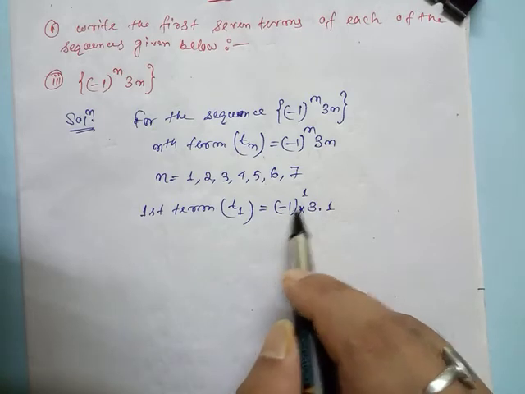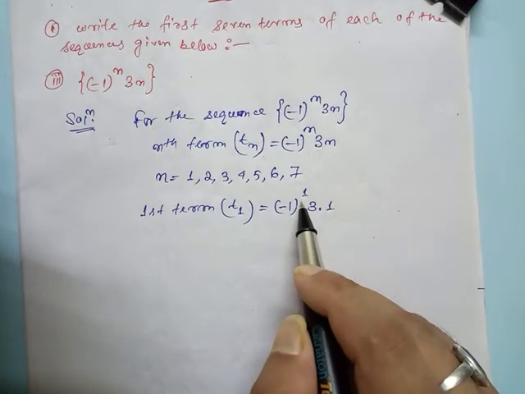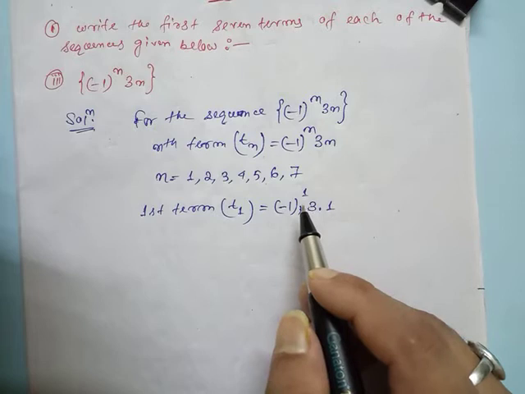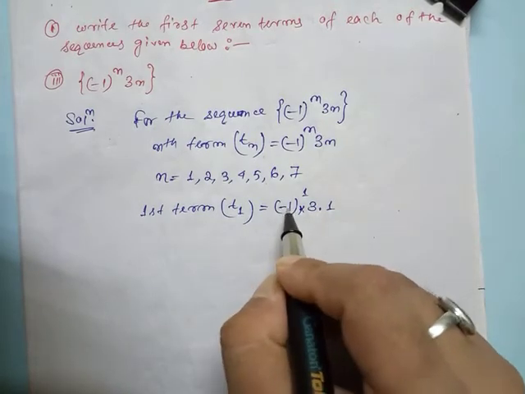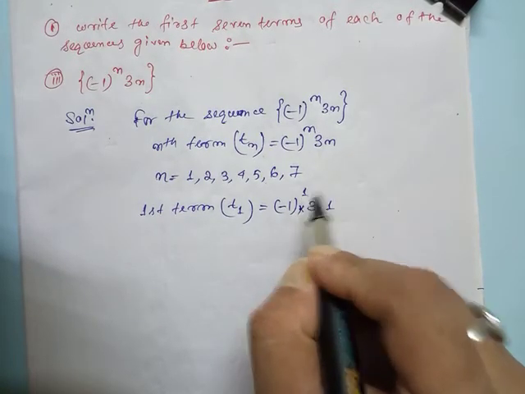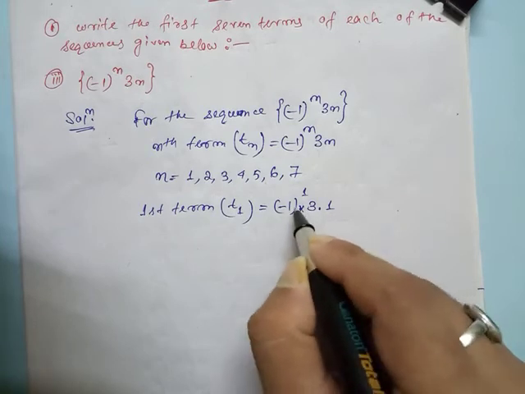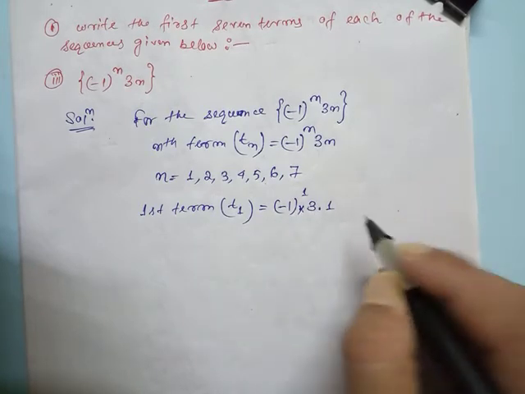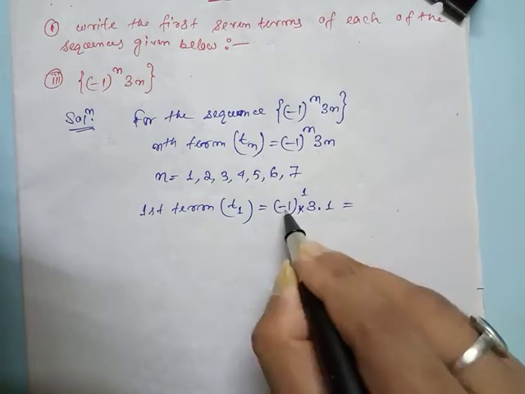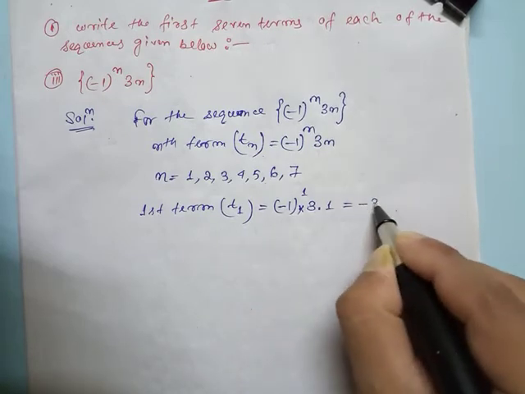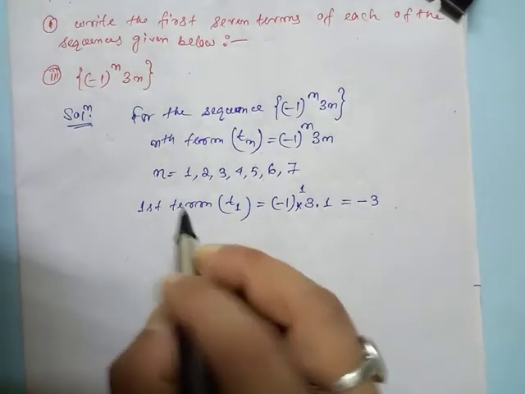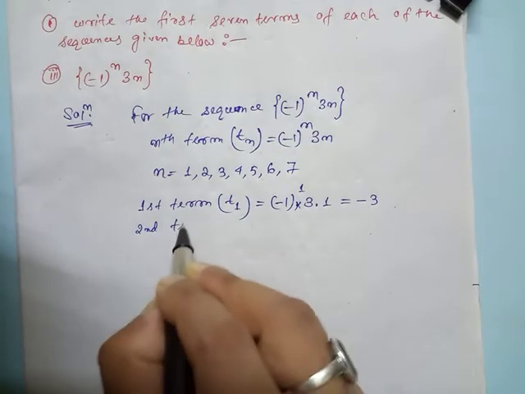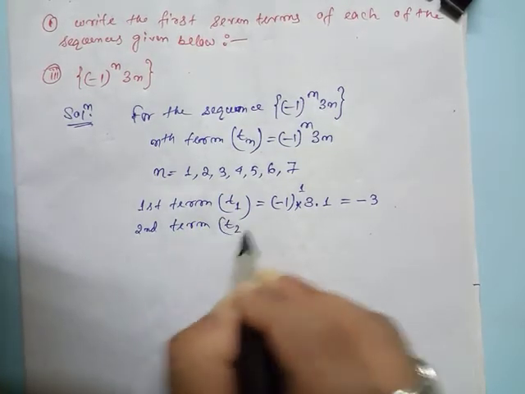Now minus 1 to the power 1 is an odd number. Already I told you in the first question that minus 1 having an odd number in power will remain minus 1. Then here it would be minus 1, and 3 into 1 means minus 3. Second term, t2.